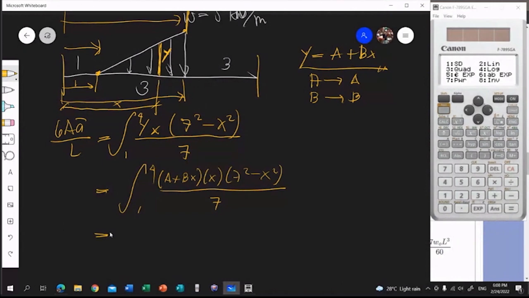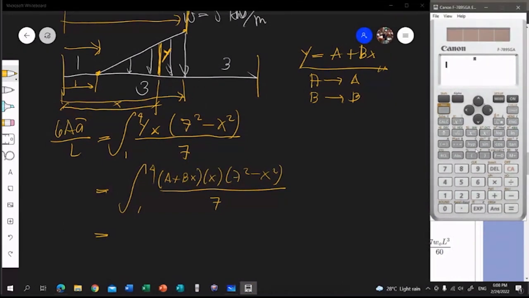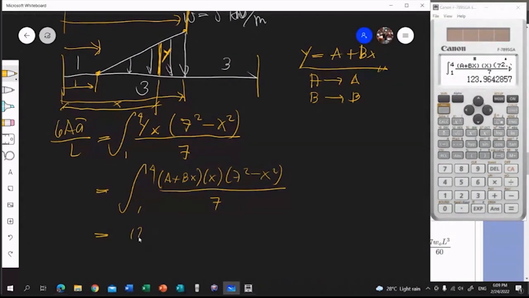Okay, sa calculator, diretso ka na sa mode 1 integral ng a plus bx times x times 7 squared minus x squared all over 7 from 1 to 4. Di ba madali lang? Depende lang.